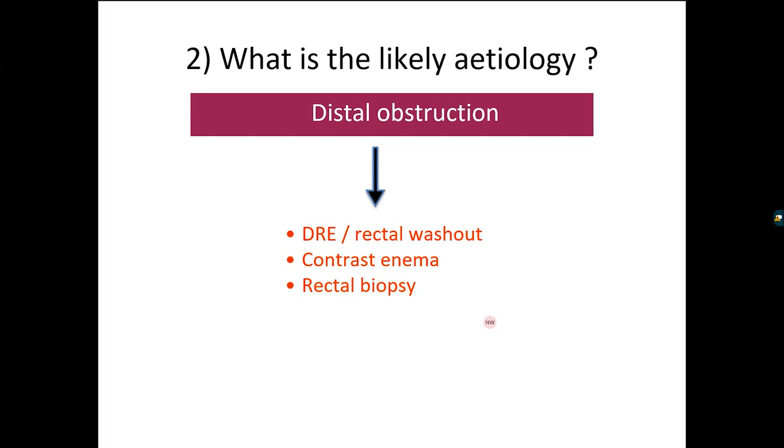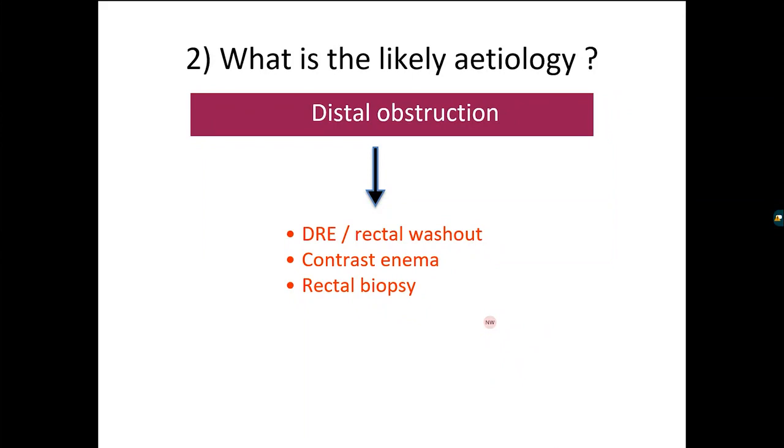Contrast enemas are required if you suspect Hirschsprung disease, to identify the level of the disease. And even in cases like hypoplastic left colon syndrome, the contrast enema would be diagnostic as well as therapeutic.